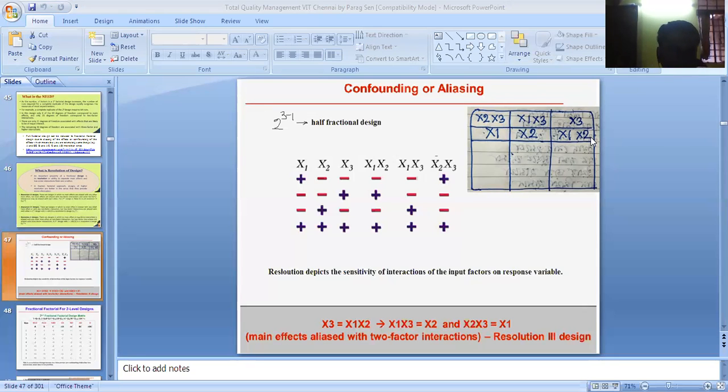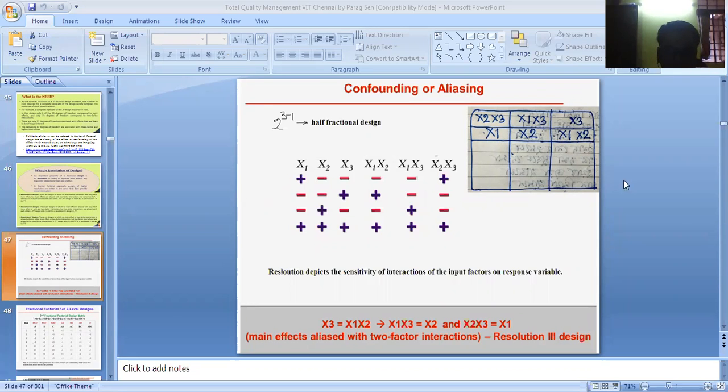Okay, so you can conclude from this particular scenario that, earlier I told you about the full factorial design for 2 factors, 2 levels.